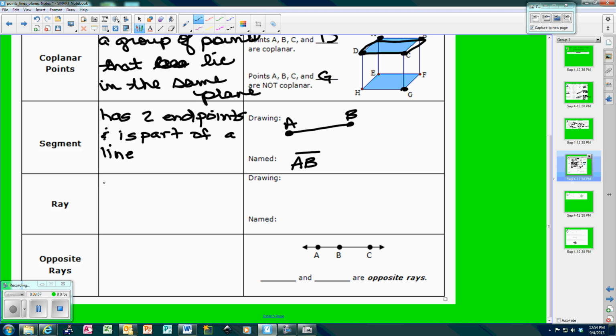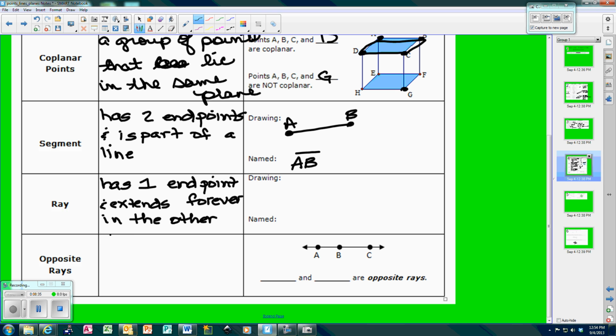A ray has 1 endpoint and extends forever in the other direction. For example, 1 endpoint extends forever.